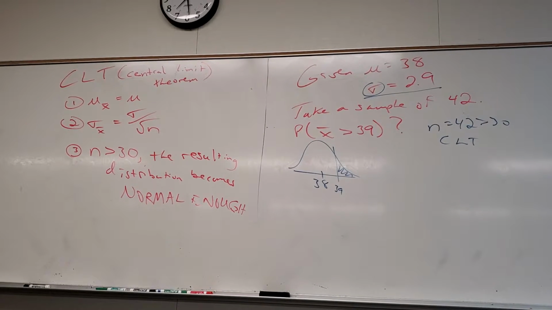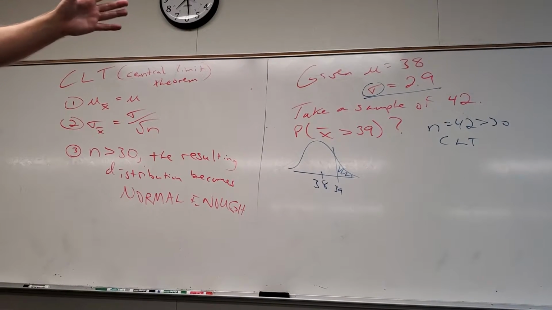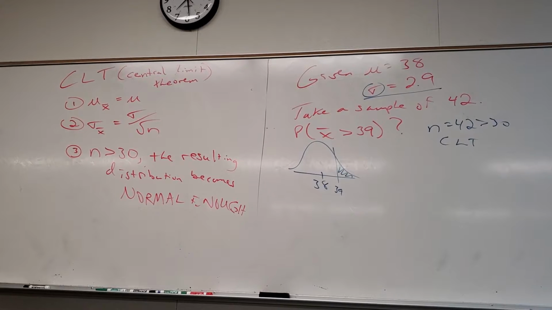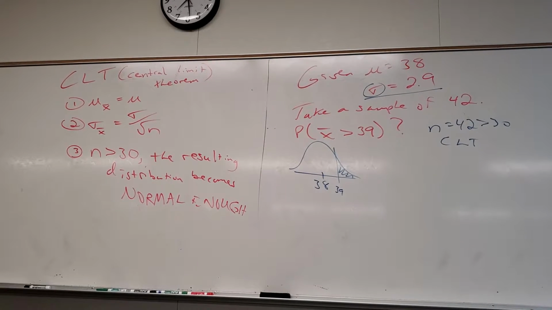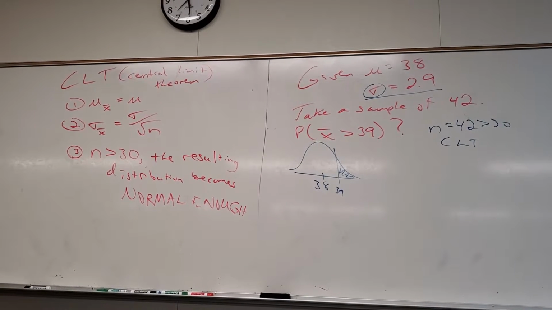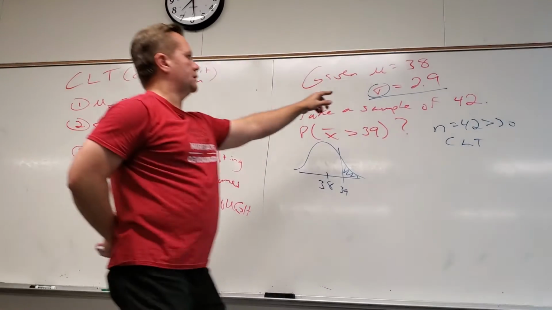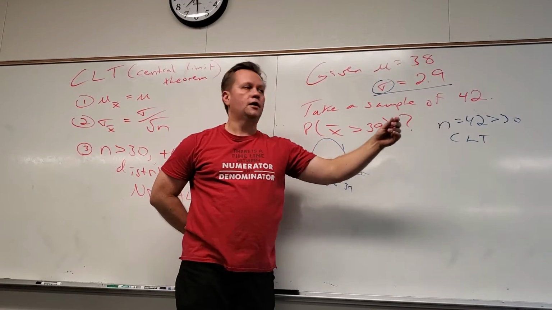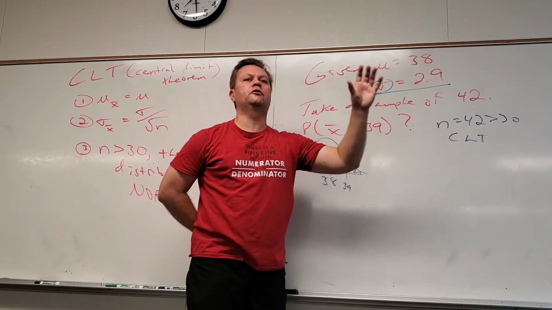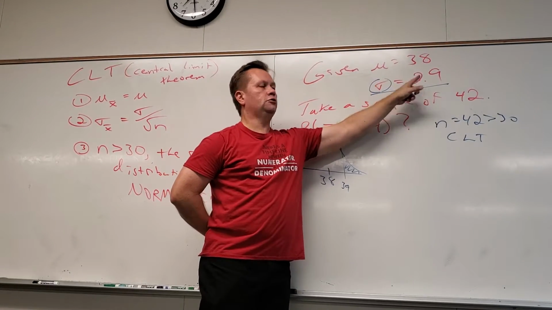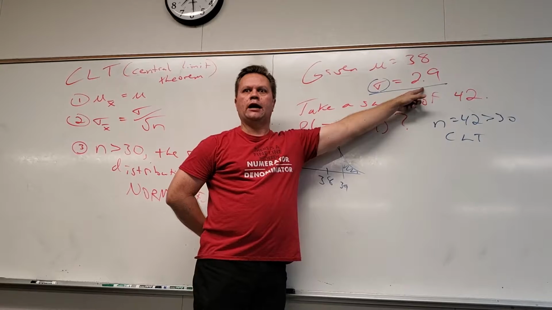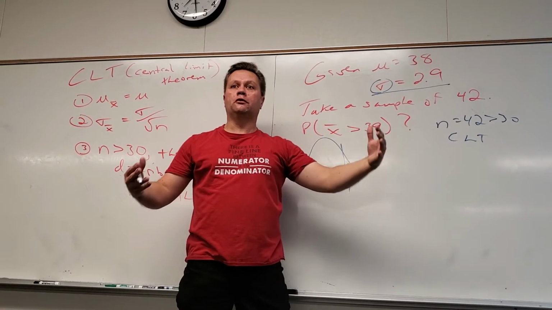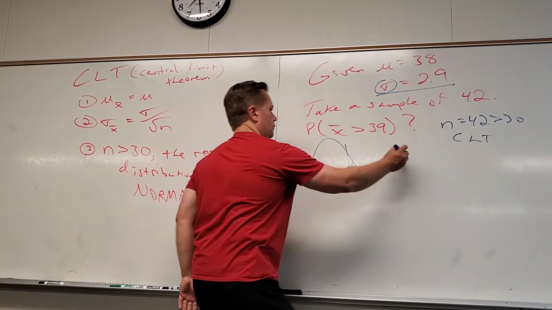A group of 42 things, right? You really want this, you gotta go with me here. This is almost too nice to believe. So this number by itself is the spread of individual data points. I have a question about a group of 42, so I can't use this. I have to create the spread for a group of 42. How do I do that?